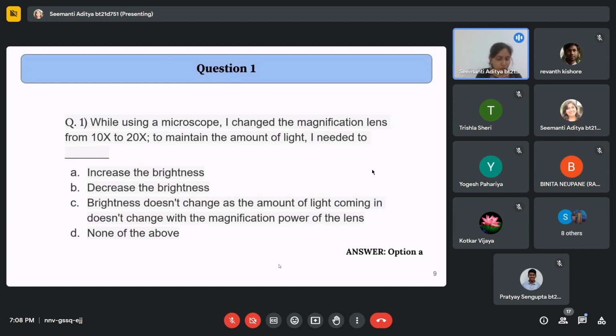So the aperture of the lens is not just a single entity, but is made up of two different entities: the refractive index, and also the light angle. So yes, if you are increasing the magnification, always increase the brightness of the light. If you are decreasing the magnification, decrease the brightness of the light.